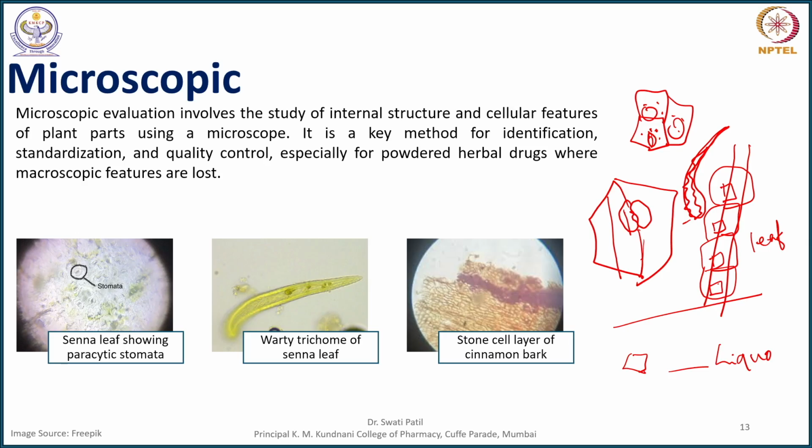When a powder contains stomata and trichome, we can say that a leaf is present in the powder. Suppose there is cork present, then the powder contains a stem or a root along with the presence of xylem or phloem fibers.